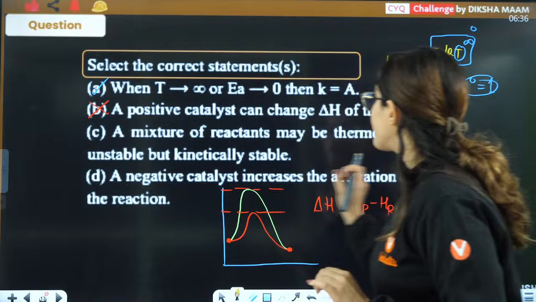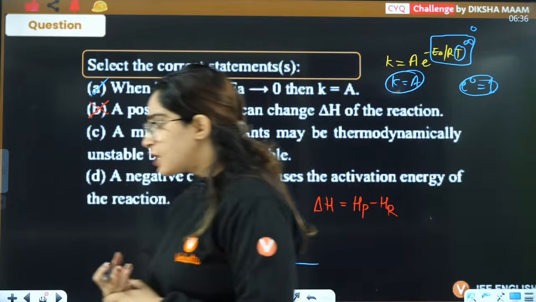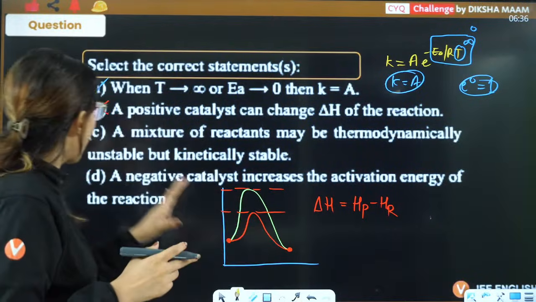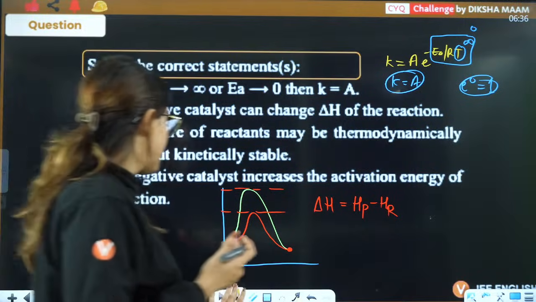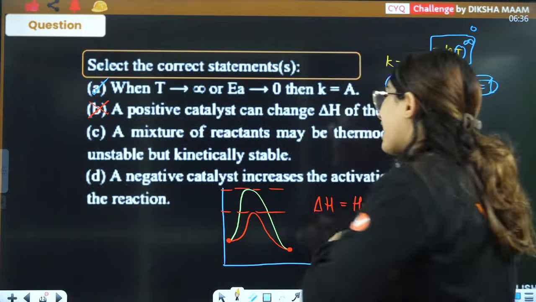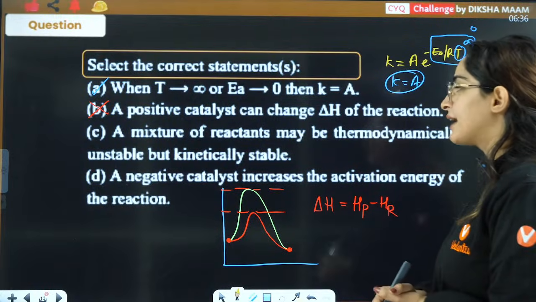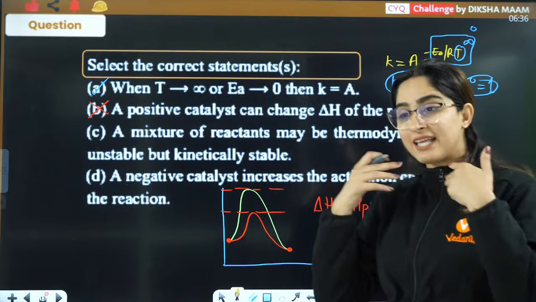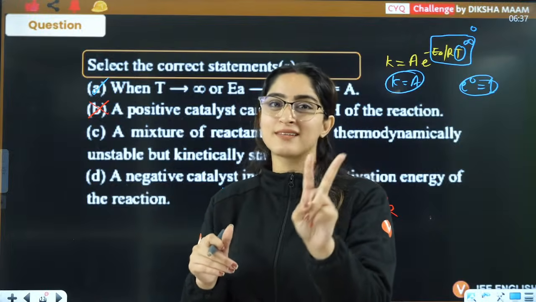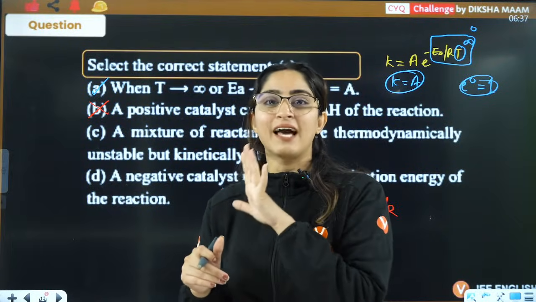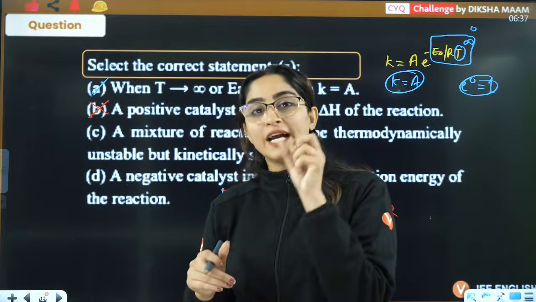That is, a mixture of reactants may be thermodynamically unstable but kinetically stable. So are there any reactants which are thermodynamically unstable and kinetically stable? That means thermodynamically they are going to take place, but kinetically they are not. Kinetically means the rate of the reaction is favoring it, it will take place.